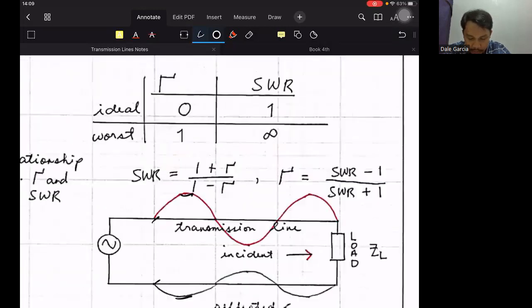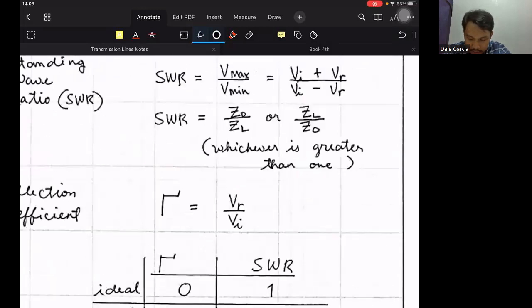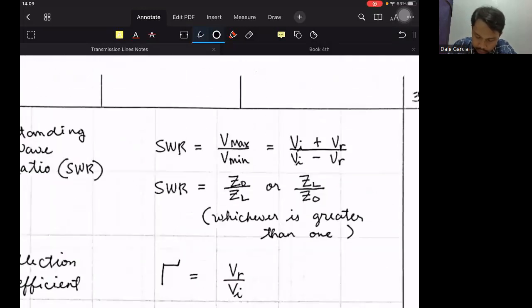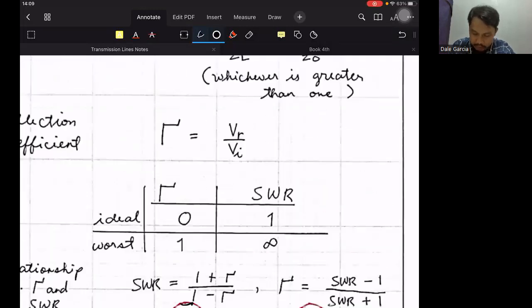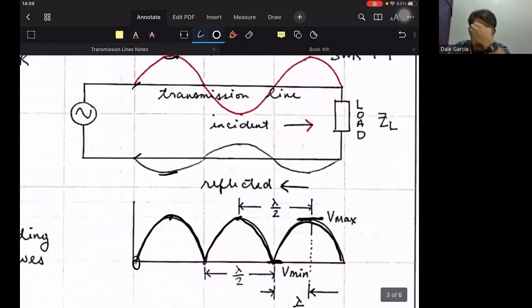So where are Vmin and Vmax now? Vmin is this one, and Vmax is this one. This is when our load is not open or short.